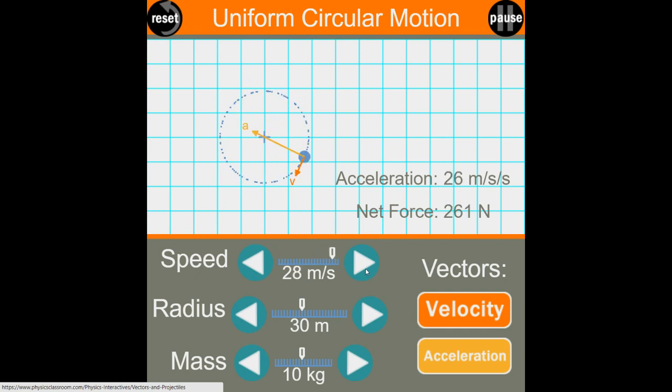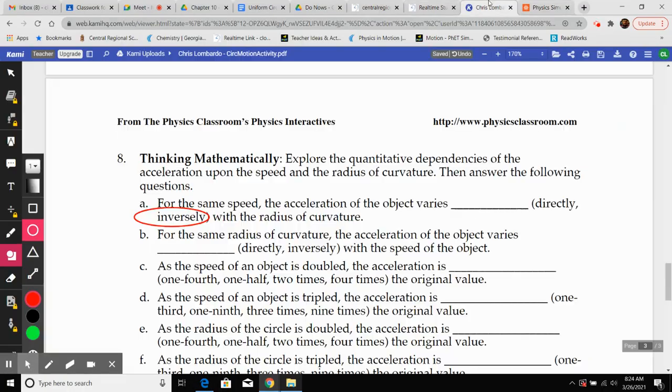Oh, it's increasing. So as speed decreases, acceleration decreases. As speed increases, the acceleration increases. So that would be a directly proportional relationship.